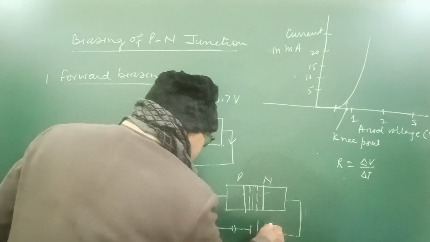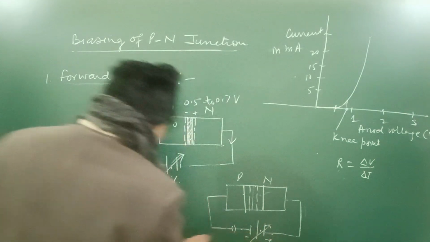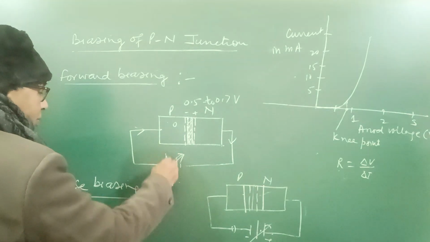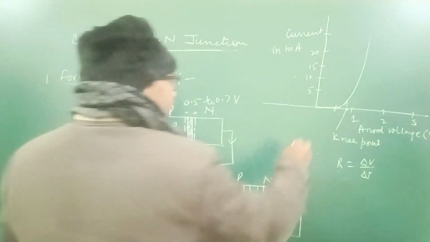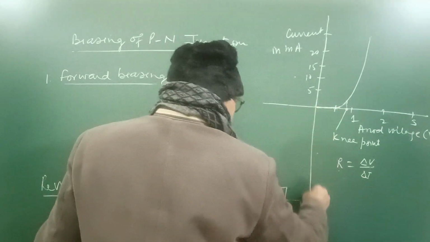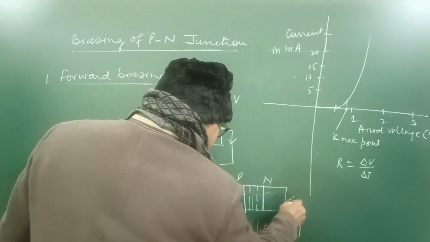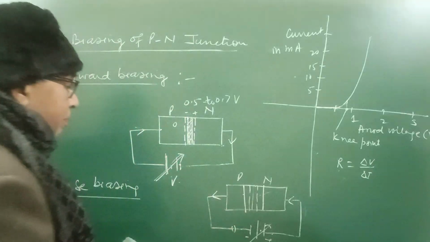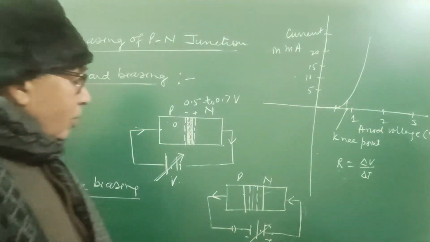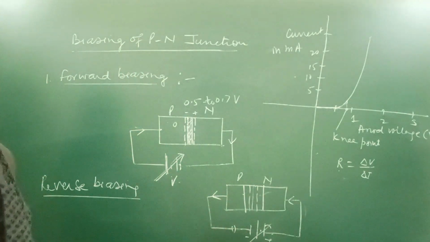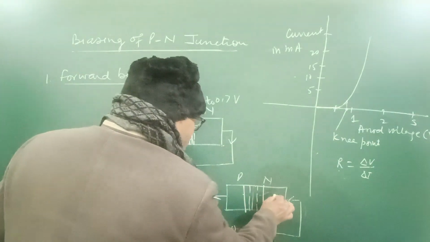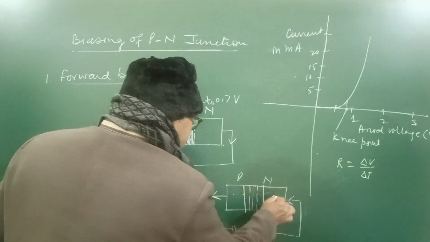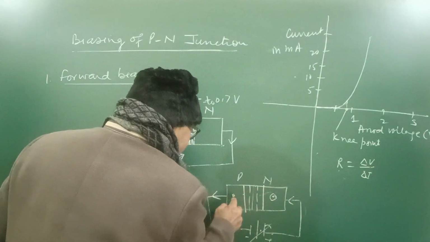But when we increase this anode voltage, this is plus. Actually, the longer line represents the positive terminal, the shorter line the negative terminal. Now for the reverse bias current, whatever current is there is this. A small current will be flowing there because of minority charge carriers. Which are the minority carriers here? Holes are here on this side, electrons are here on the other side. Electrons are minority charge carriers.